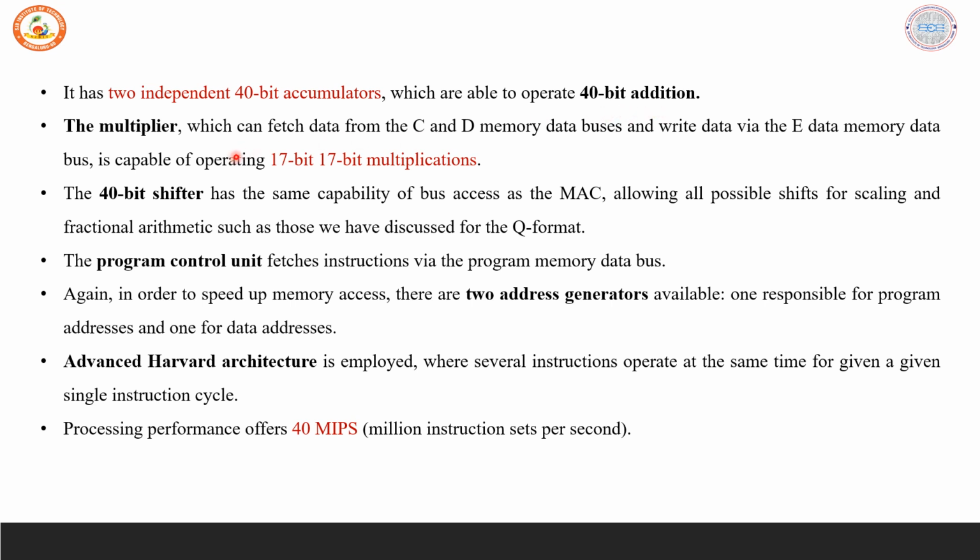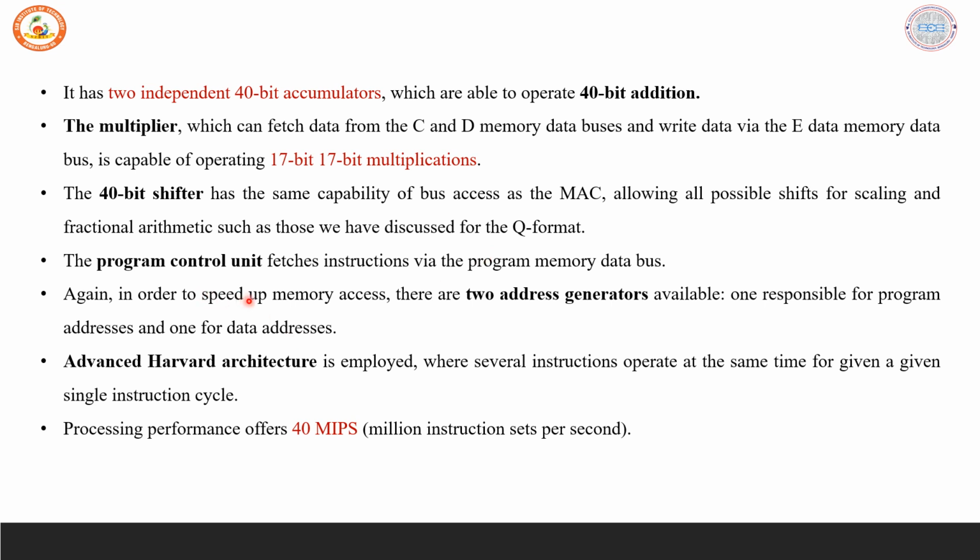The multiplier fetches data from the C and D memory data bus and writes the results via the E data memory data bus. It is capable of handling 17-bit by 17-bit multiplications. The 40-bit shifter has the same capability of bus access as the MAC. It allows all possible shifts for scaling and fractional arithmetic, such as those we have discussed for the Q format.